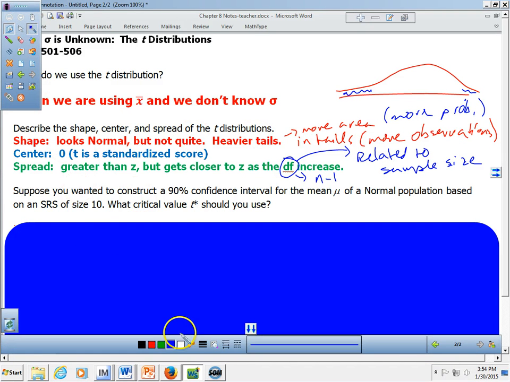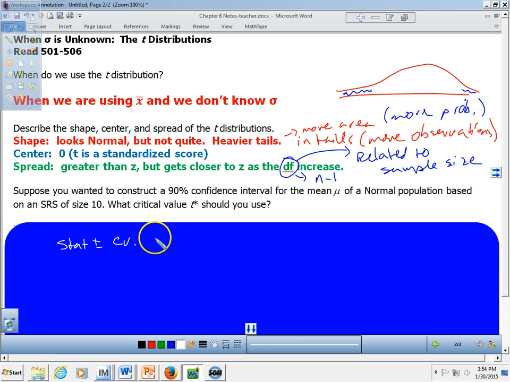So we're still going to use the idea of our confidence interval, which is statistic plus or minus a critical value times the standard deviation of our sampling distribution.